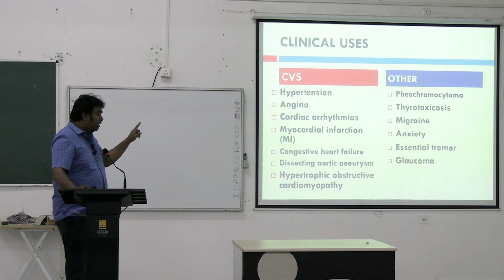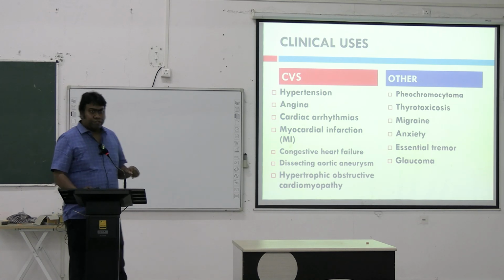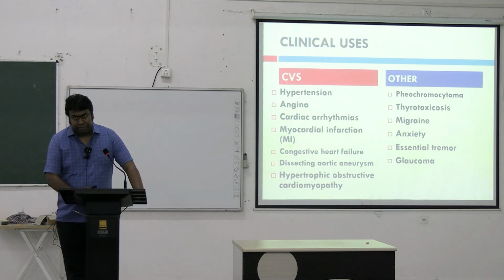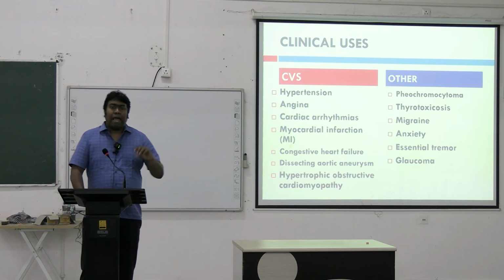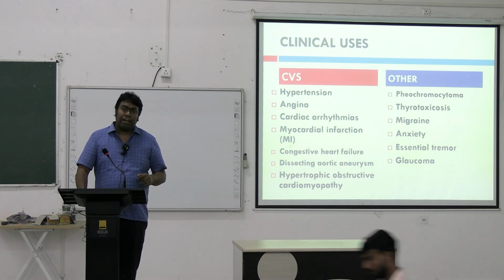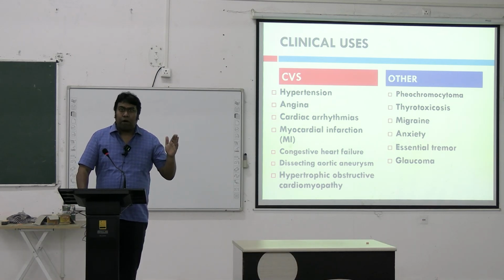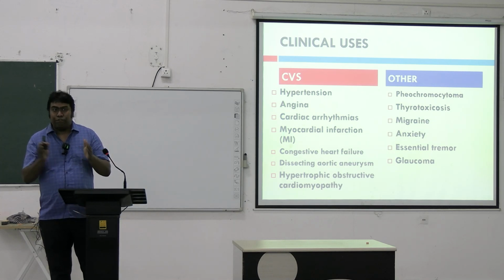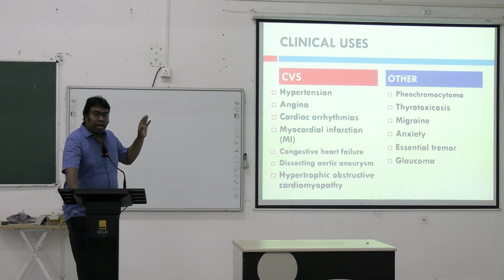Clear? Next is thyrotoxicosis. In thyrotoxicosis, there is a peripheral conversion of T4 to T3, and this T3 is more potent and it is responsible for the actions of the thyroid.